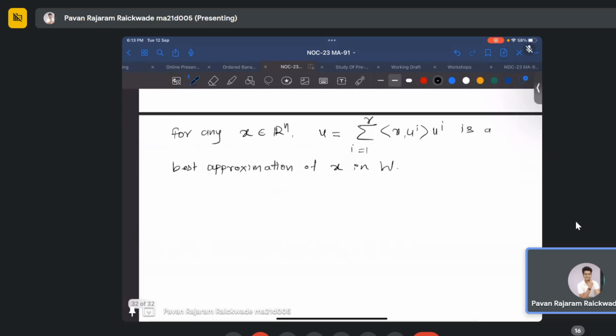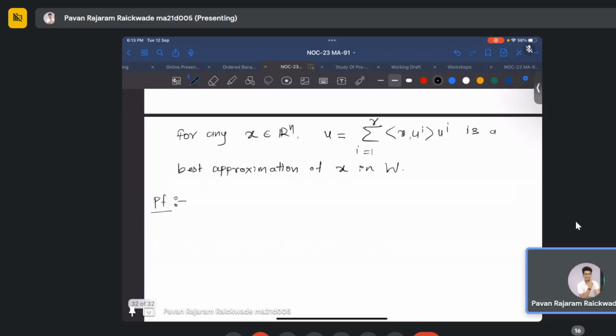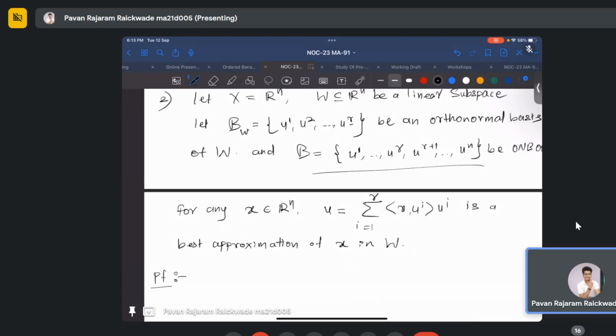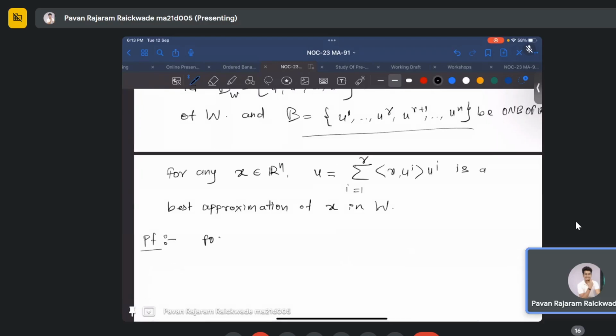So let's say that is true. Let's calculate the norm of u minus x. See, first thing is, because u1 through un is a basis of Rn, what I know is for any x belongs to Rn, I can write x as the summation of inner product of x with ui times ui, i going from 1 to n.